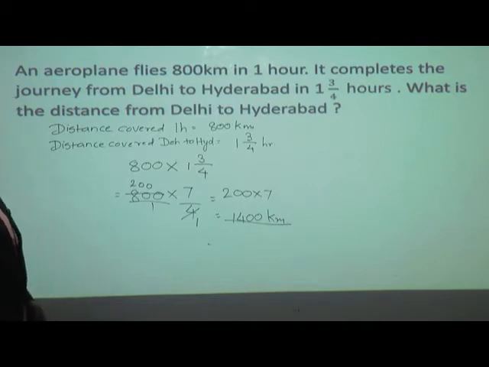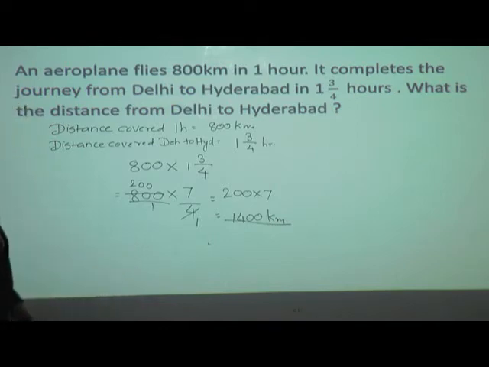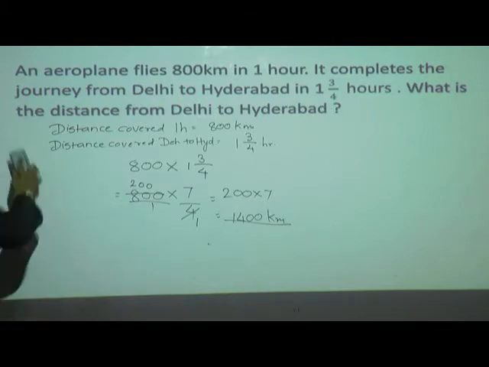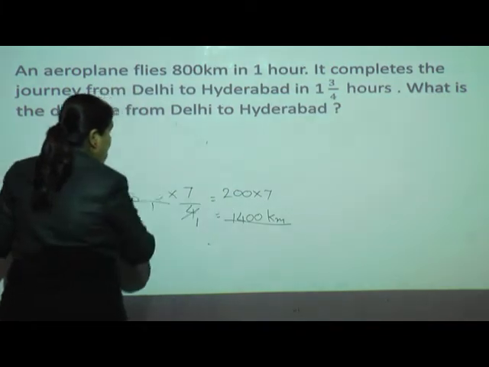That is 1 hour 45 minutes when it is given as 3/4. So in this way, step by step, we have to see the statement given as a word problem, find the solution, then use the operation, deciding which type of operation we have to use, and then find out what they are asking in the question.